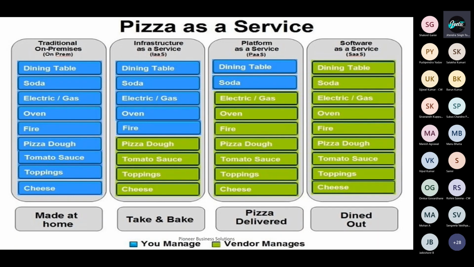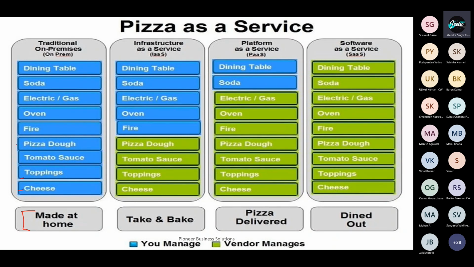So when you talk about the simple pizza as a service, there are four different ways how you can have it. There are basically four different manners or ways how you can have your pizza. So one is homemade, made at home, means whatever you can buy, or if you know how to prepare it, you can do everything.